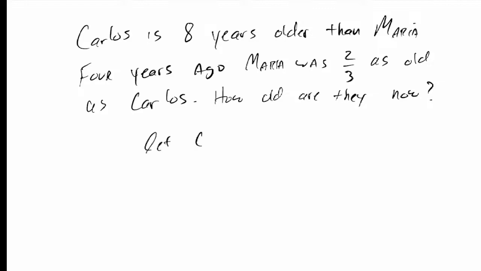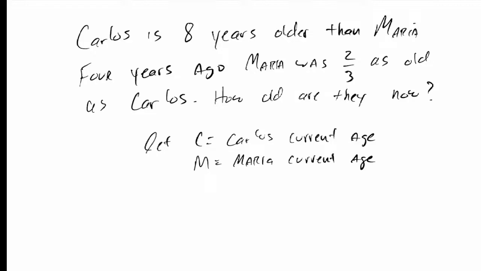Obviously, you're going to let C equal, like C is going to be Carlos's current age. And then M is going to be Maria's current age.